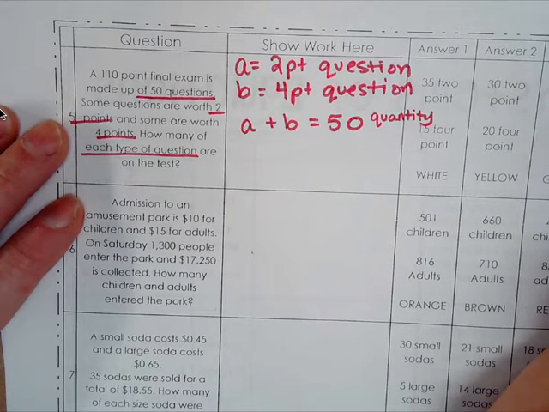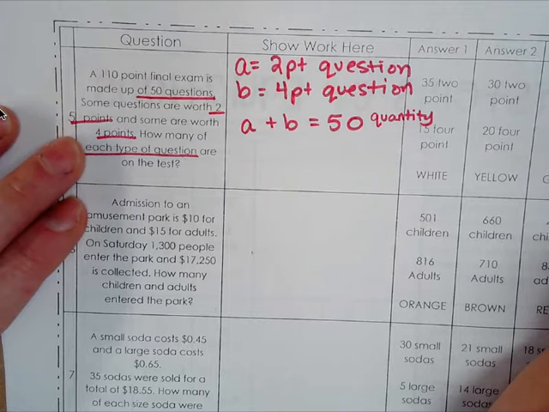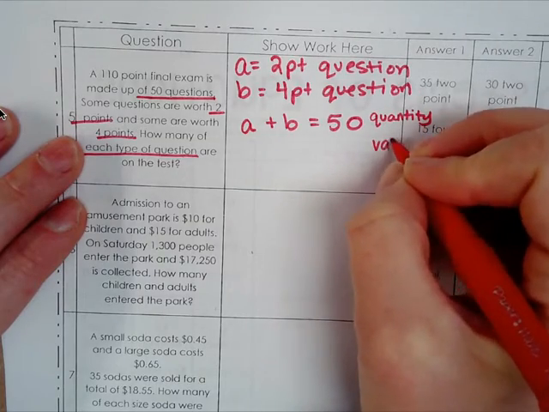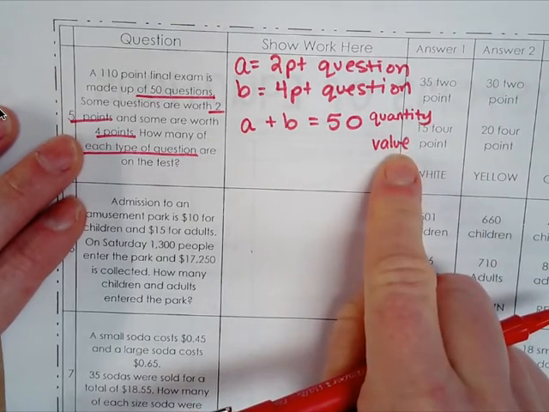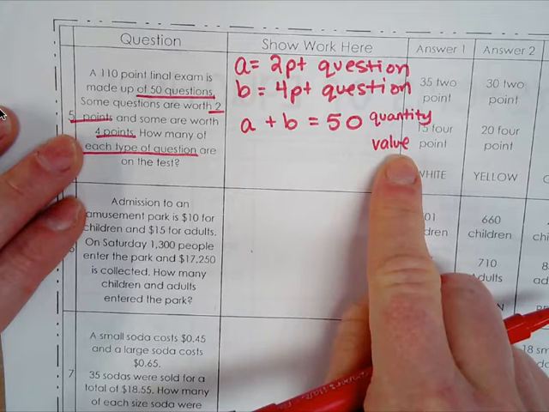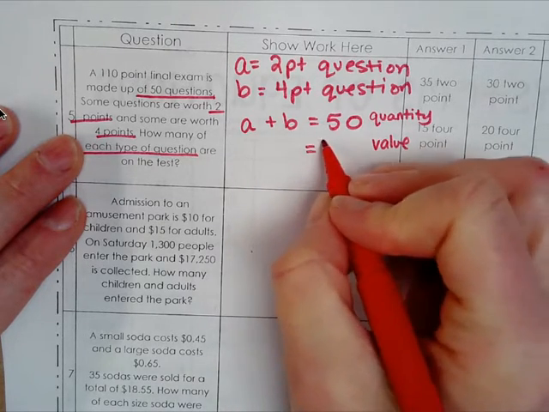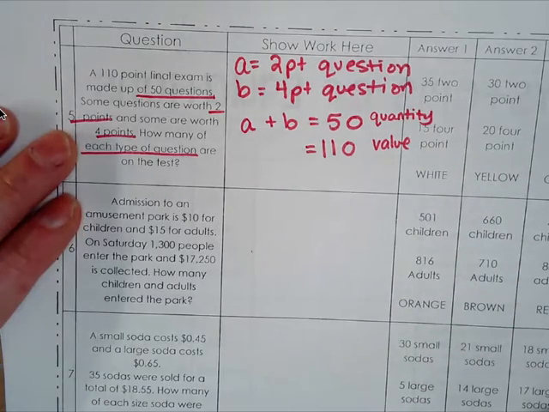And then some questions are worth 2 points. Some are worth 4 points. But what's the total value of the whole exam? How many points? 110. Okay, so we're going to do a value equation. The total value is 110 points.